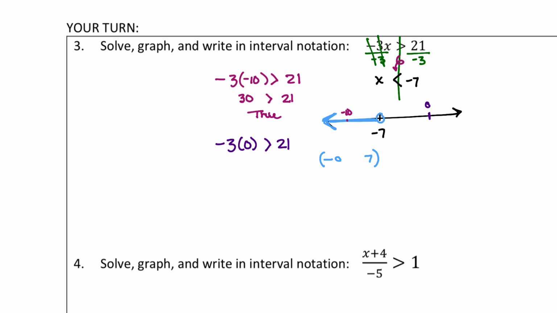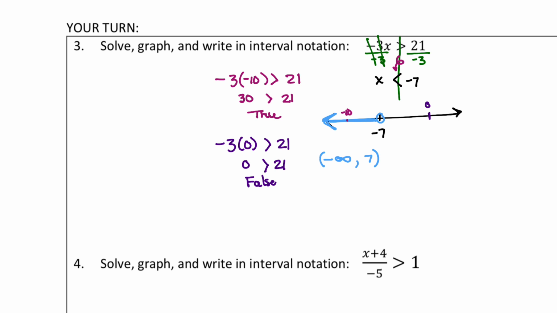Okay, 3 times 0, anything times 0 is 0. 0 is not greater than 21. That's false, which means the number that I chose over here cannot be in the solution because it made it false. So that's why it's not shaded over here. The negative 10 made it true, so that's why it is shaded where the negative 10 is. And I erased part of my graph over here, or my interval notation, sorry.